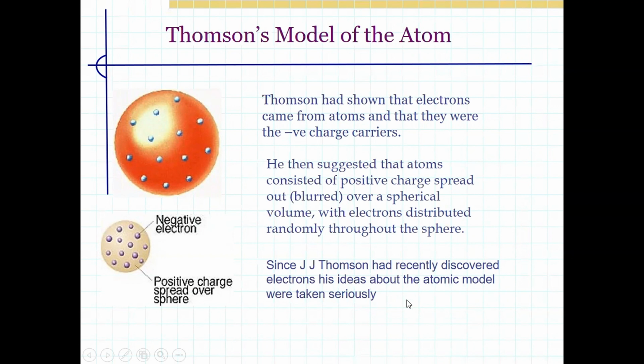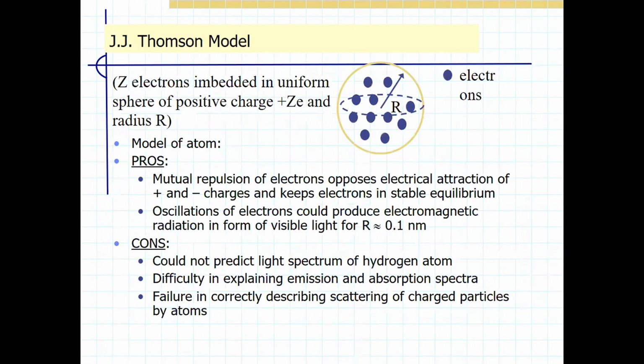His atomic model was taken very seriously, and nobody challenged it earlier except his students. J.J. Thomson said that his model had the basic idea that electrons can repel each other because of the same charge, but they will remain attracted towards the positive charge, and therefore a stable equilibrium will happen.